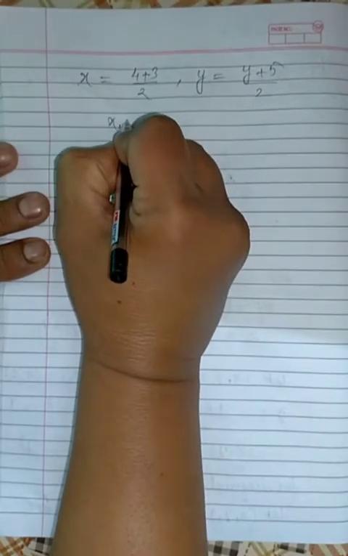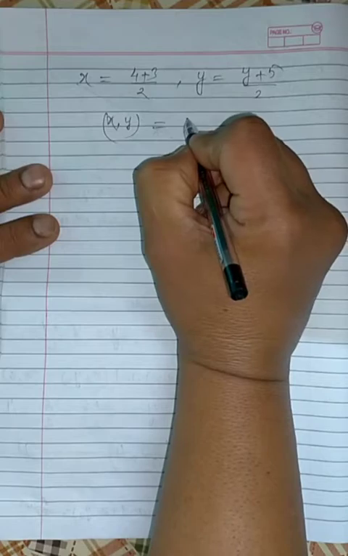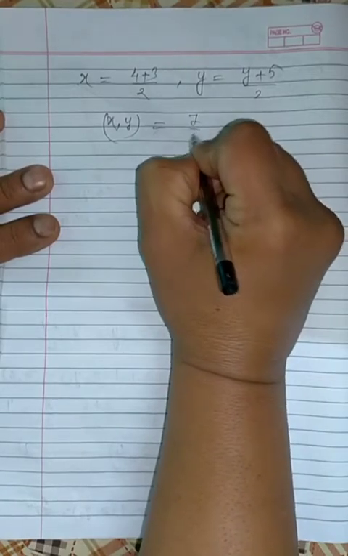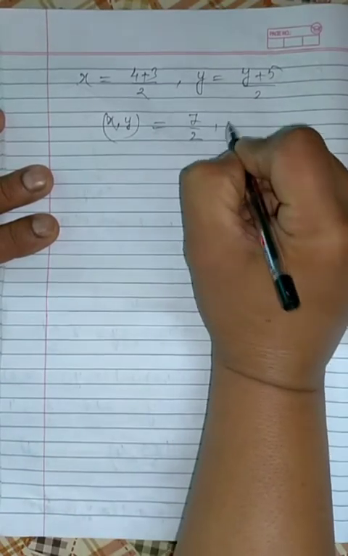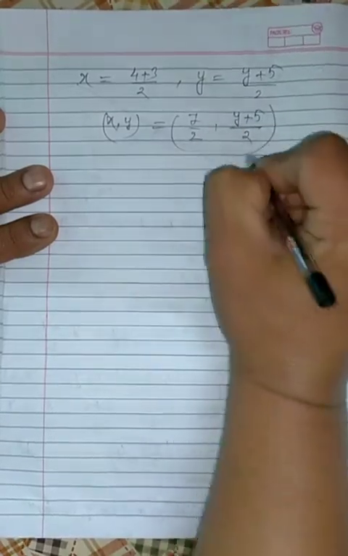That means the coordinates for O are (7 by 2, (y plus 5) upon 2). Let this be equation number 2.